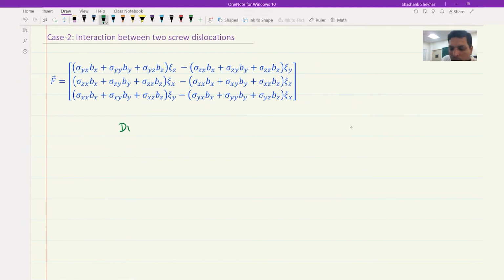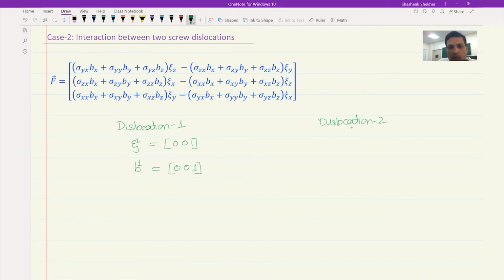So for dislocation one and dislocation two, we know that the line vector, which I will put as a superscript, is equal to 0, 0, 1, and the Burgers vector for this one is equal to, because it is a screw dislocation, it has to be the same as the line vector.